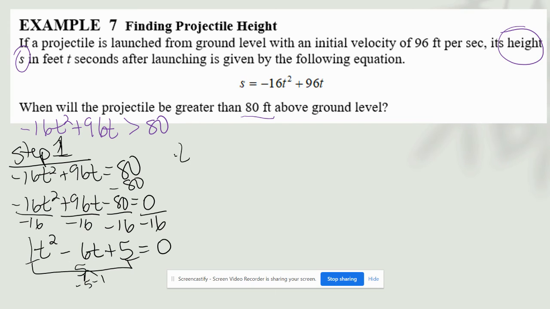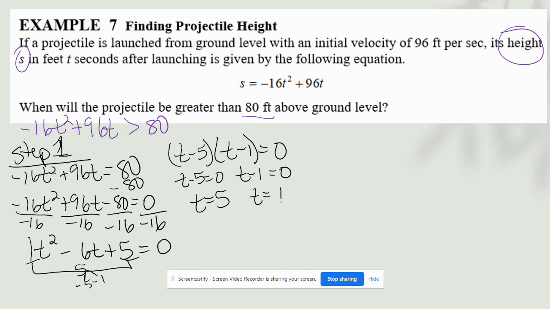Factored form, we have t minus 5 and t minus 1 is equal to 0. T minus 5 is equal to 0. T minus 1 is equal to 0. So t is equal to 5 and 1.